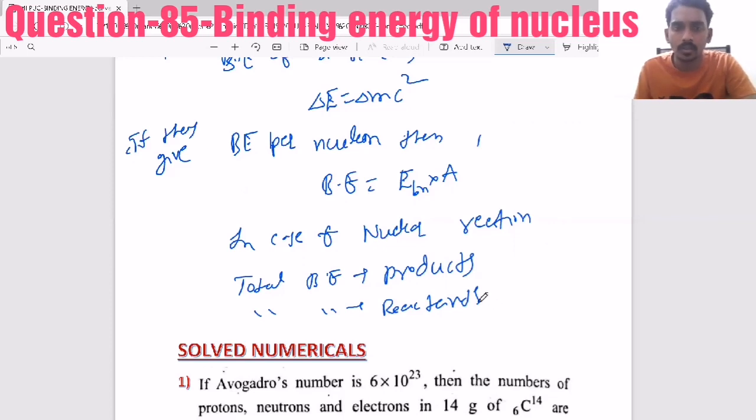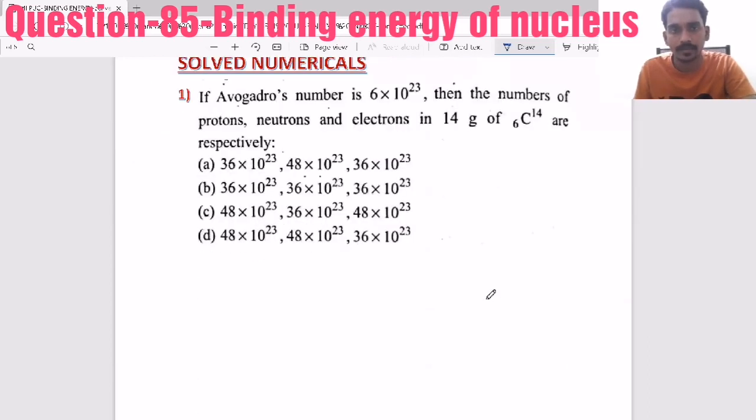We'll see examples based on this, so that you will understand what kind of questions will be asked. The very first question is: Avogadro number is 6 into 10 power 23. Then the number of protons, neutrons and electrons in 14 gram of 6C14 are, respectively? See, 1 mole means 6 into 10 power 23 atoms.